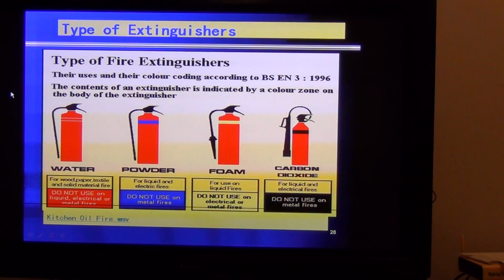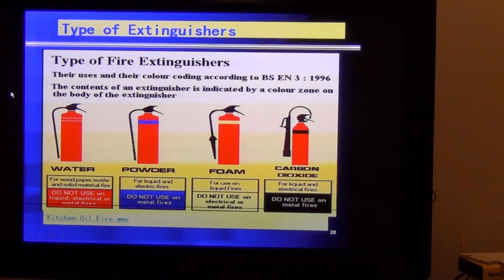The contents of an extinguisher is indicated by a color zone on the body of the extinguisher. So this is an example. The first one, the contents is water, and it will be used for class A fire.